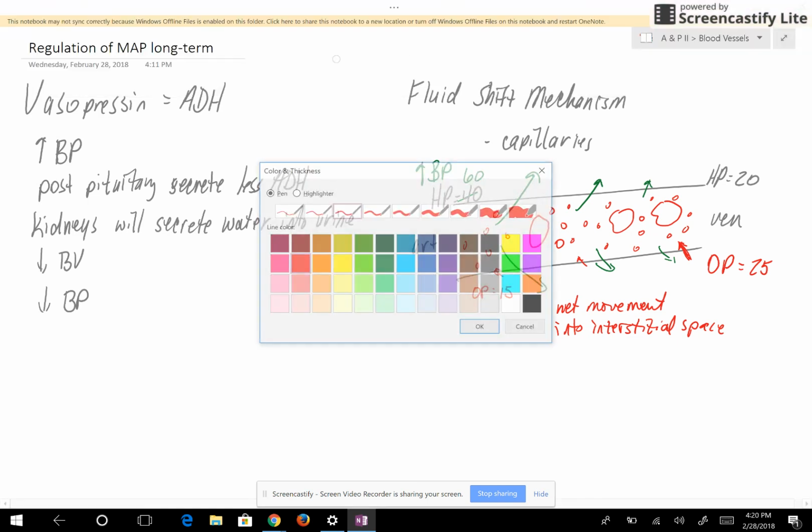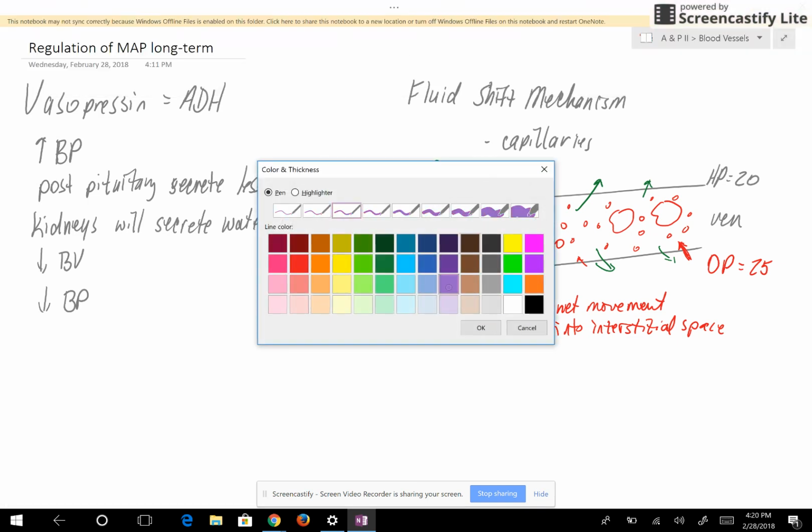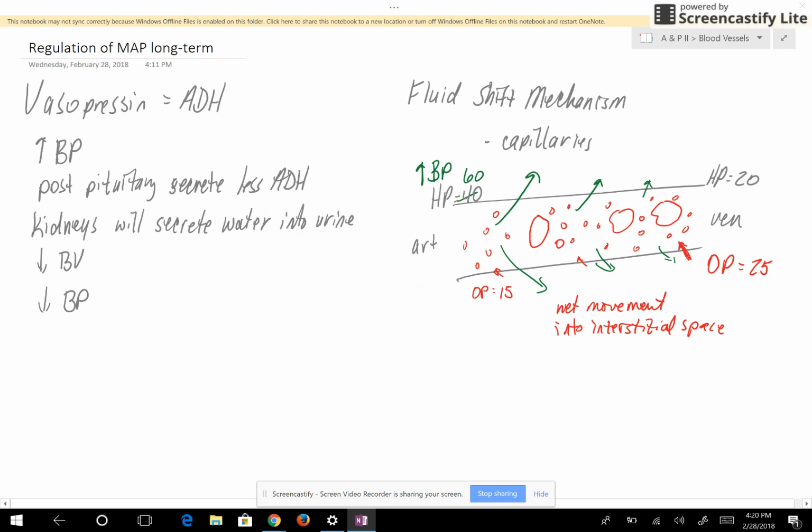Let's go to purple. Whenever our blood pressure increases and hydrostatic pressure increases to 60 as the blood goes into the capillary, you can see that all of our little green arrows that represent the regular hydrostatic pressure get longer with the purple color. And that's going to push more water out.